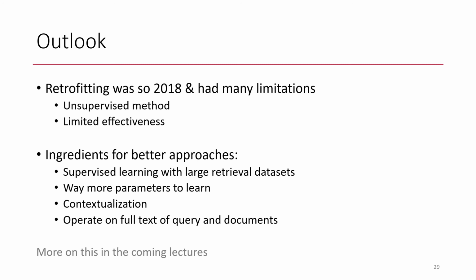Then we have models with way more parameters to learn than we did in 2018. We're using contextualization, and we operate on the full text of query and documents. I think this is all very exciting, and I hope you tune in to the next lectures where we're going to look at all those ingredients for neural re-ranking approaches and more.